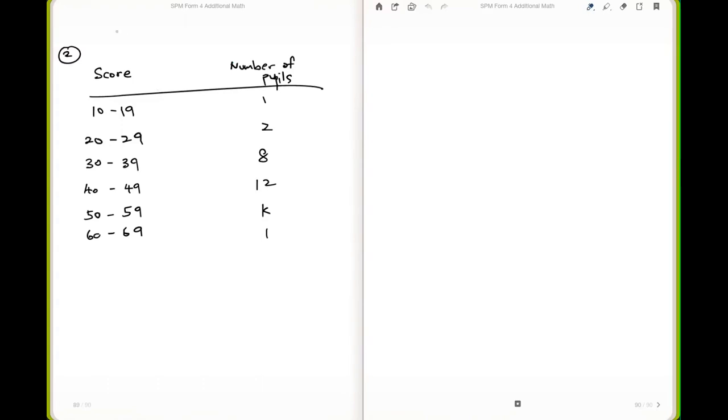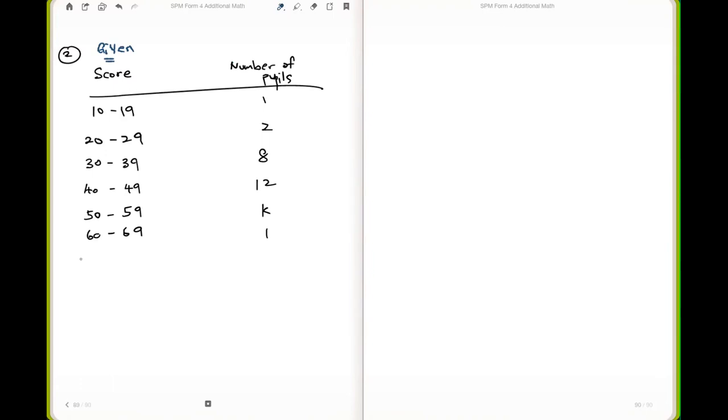If you're given the following, you can't make any good use of this. You need to set up a new table.